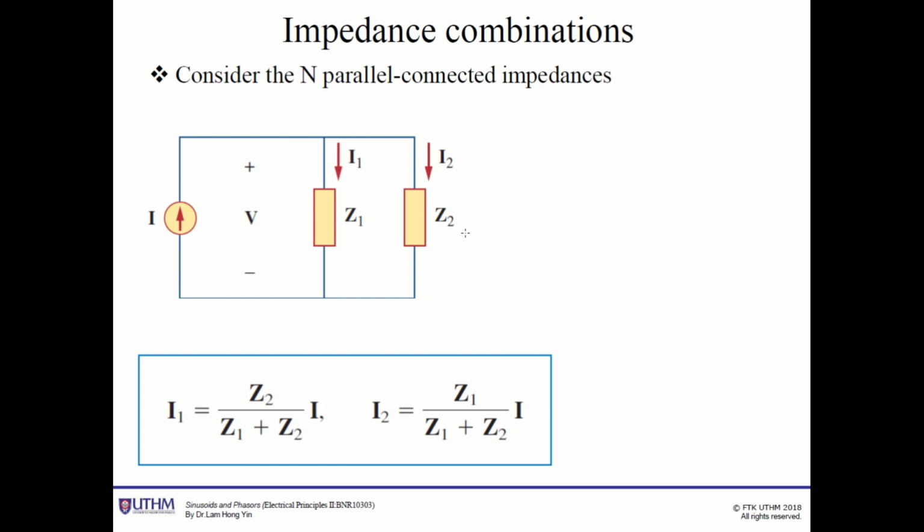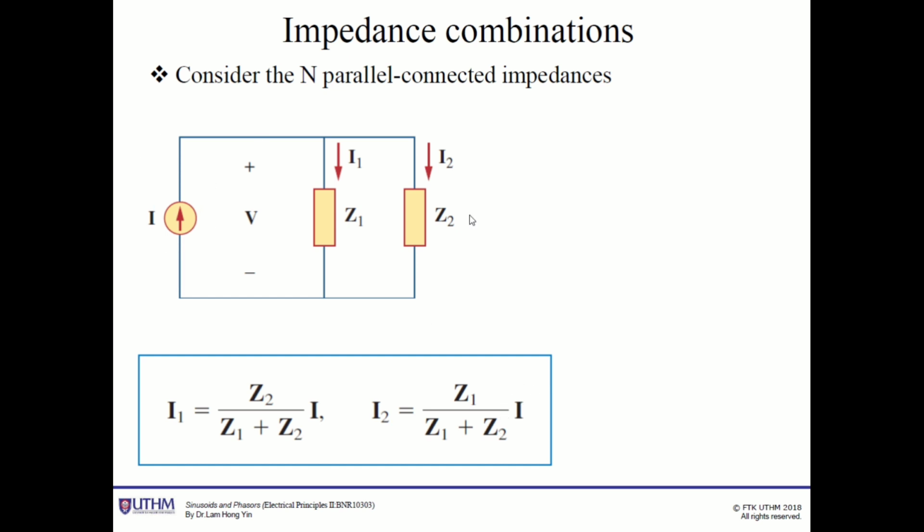So for the parallel connection, you can use the current divider. For example, if you need to find I1, where the source is the total current I over here, I1 is equal to Z2 divided by Z1 plus Z2 times the total current I. While I2 is equal to Z1 divided by Z1 plus Z2 times the total current.